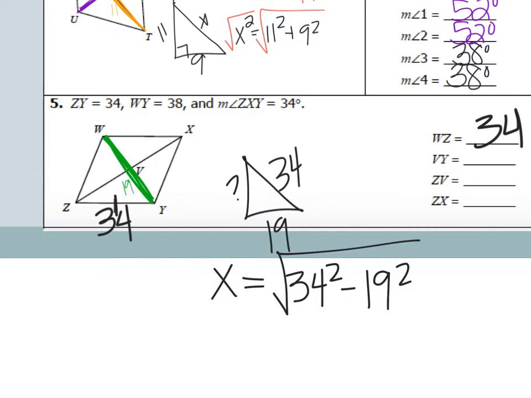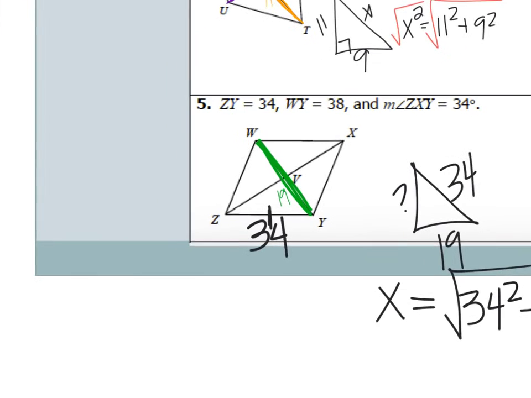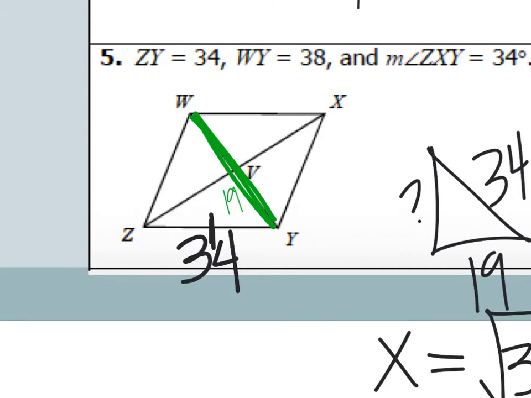So square root, oops. Is 28.2. So that means that here in purple, 28.2.